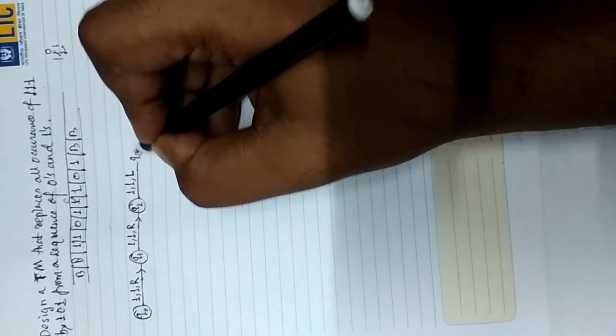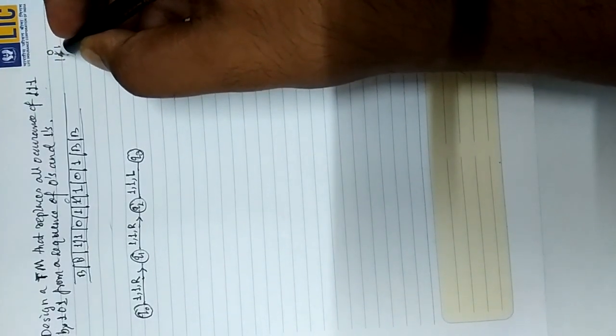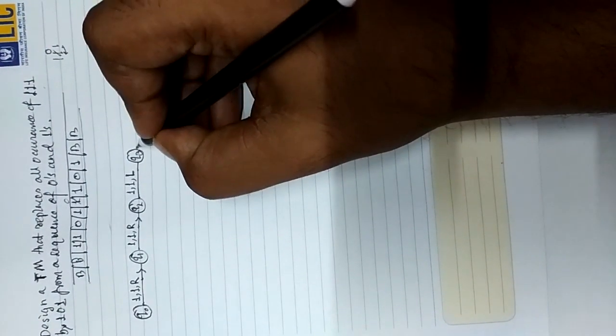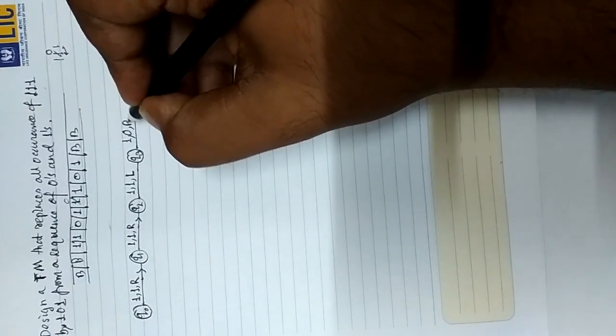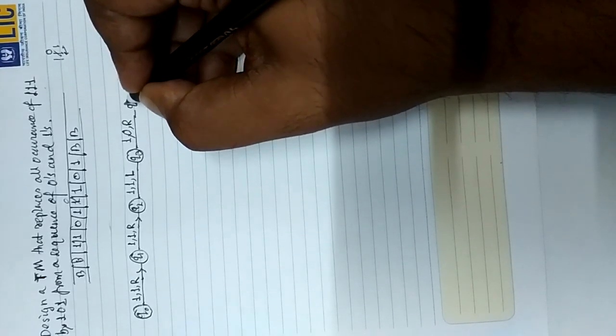So while moving left, you go to the q3 state, and in q3 you read 1, replace it by 0, and move right to another state, the q4 state.